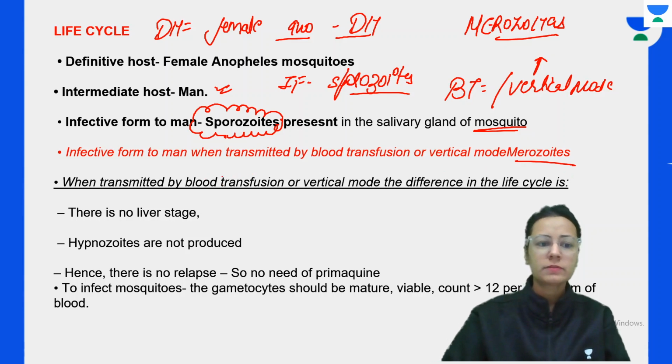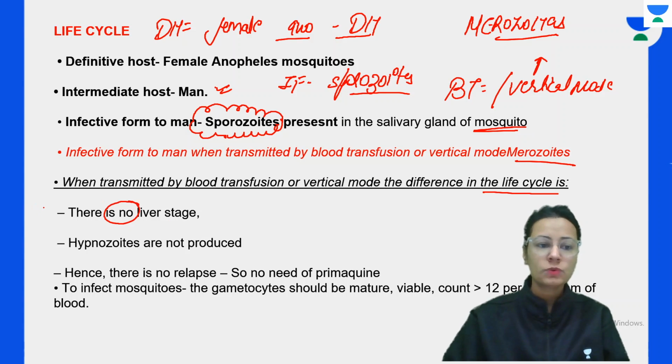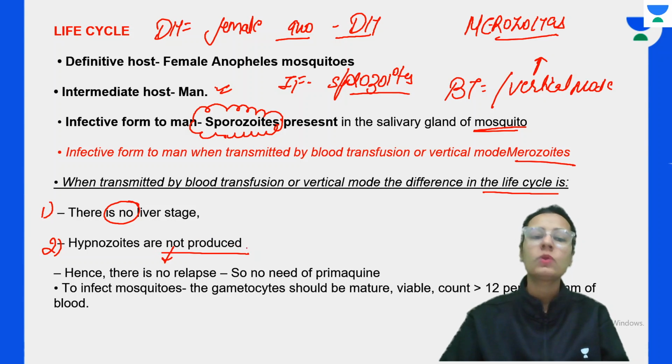When transmitted by vertical transmission or blood transfusion, the difference in the life cycle is that there is no liver stage and the hypnozoites are not produced. Since the hypnozoites are not produced, there is no relapse and therefore no need of primaquine.